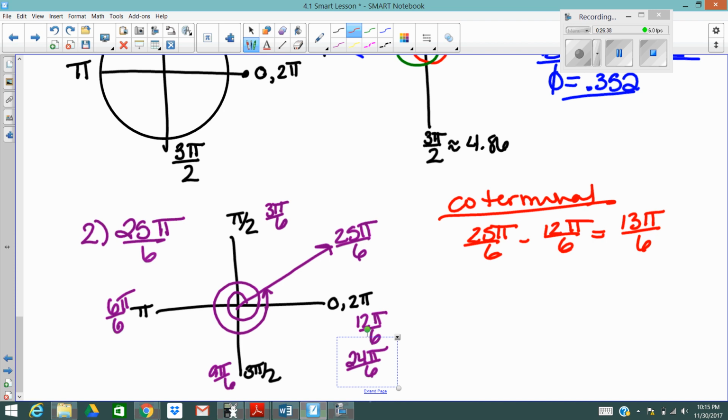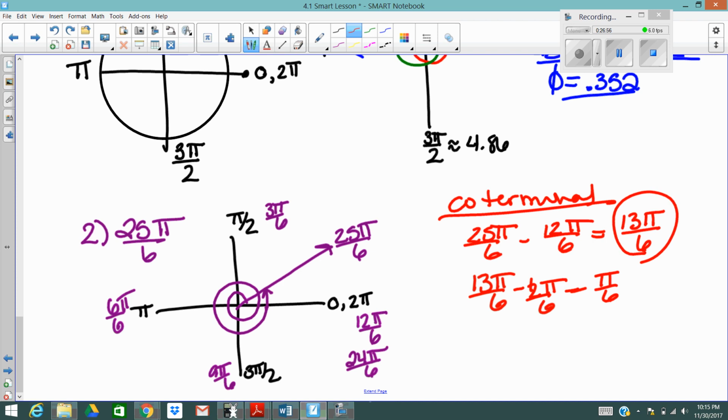And if I subtract 2 pi again, I'm still at a positive coterminal angle. So subtract 2 pi, I'm at 1 pi over 6, so still a positive coterminal angle. So either one of these answers is A-okay.